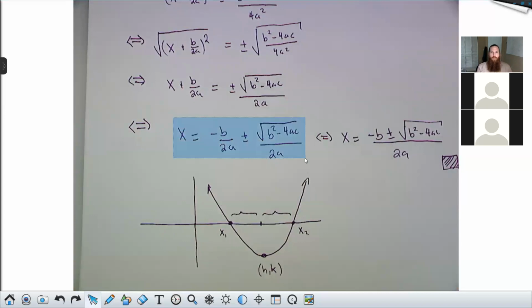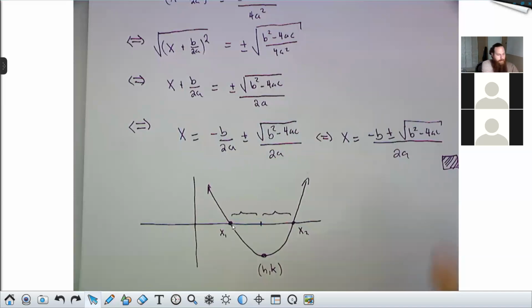If the two roots, x1 and x2, come from this formula, and I like to think about it like this rather than like this, if the two roots, x1 and x2, are the two numbers output by this formula, then this has to be the vertex, because it says start here and go to the right. That's the plus, some amount. Or start here and go to the left, some amount.